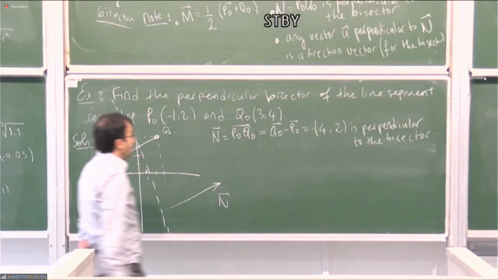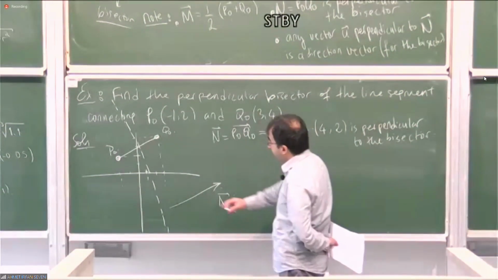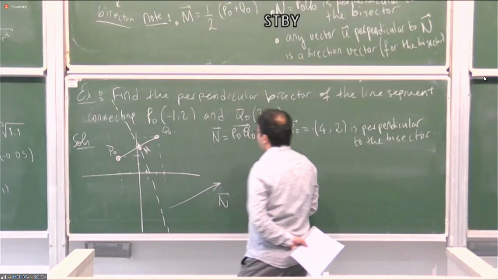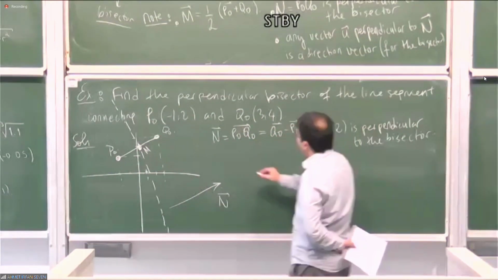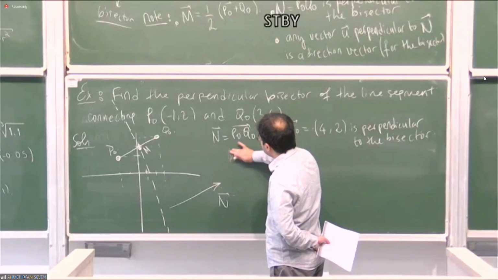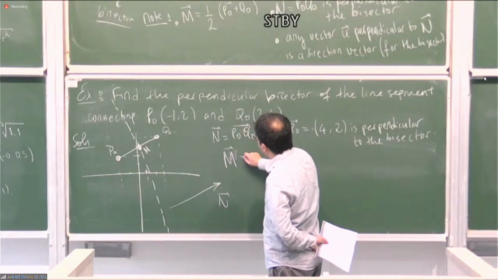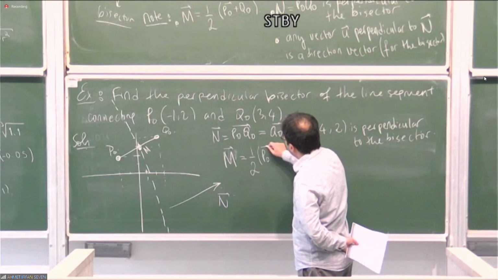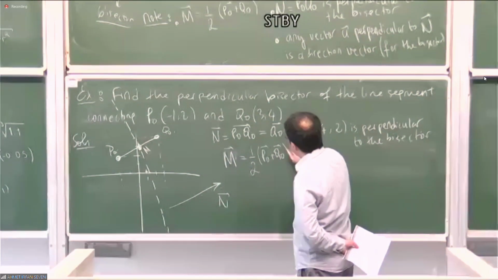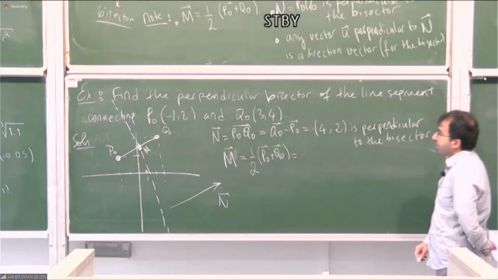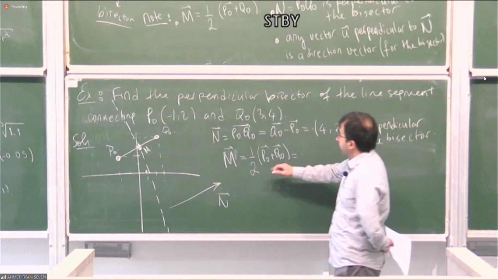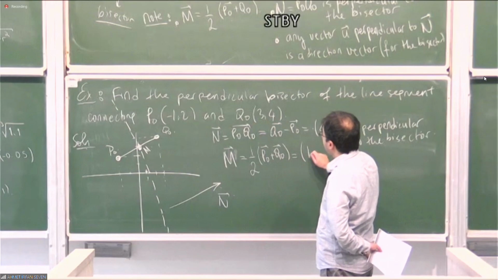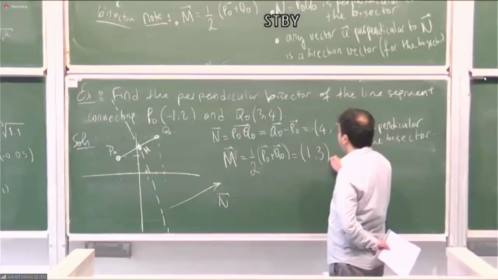Okay, now what else do we know about this bisector? It passes through the midpoint. So this bisector passes through this midpoint. So let's find this midpoint. This midpoint is, as we know, 1/2 (P0 plus Q0). So let's compute the average of these two. 3 minus 1 is 2, which is 1. 4 plus 2 is 6, which is 3. So 1, 3.